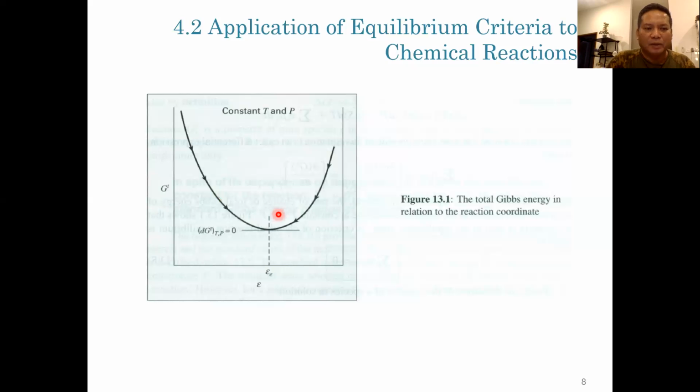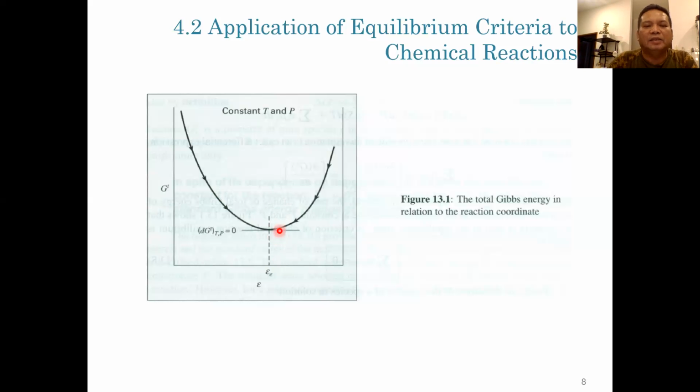Remember I told you that equilibrium means the reactions still occur, from reactant to products and products to reactant, but the rates of reaction are the same, constant. There are no changes. That is equilibrium.